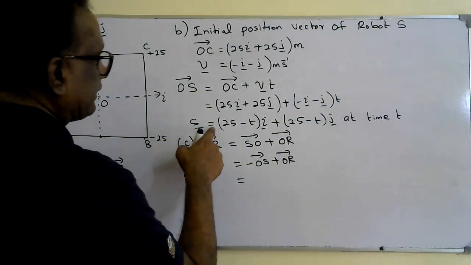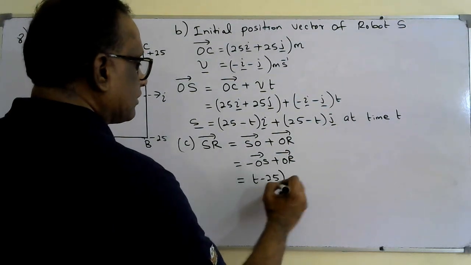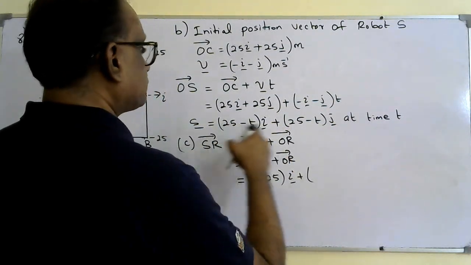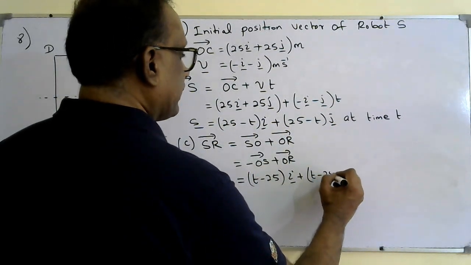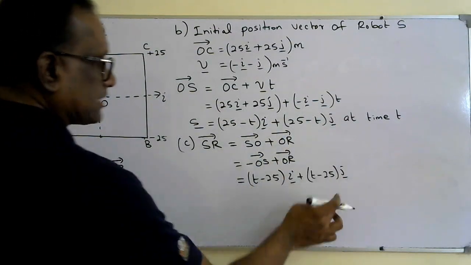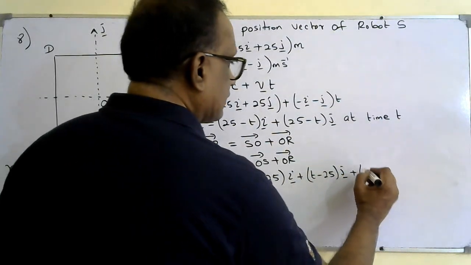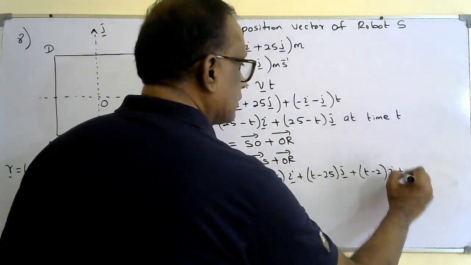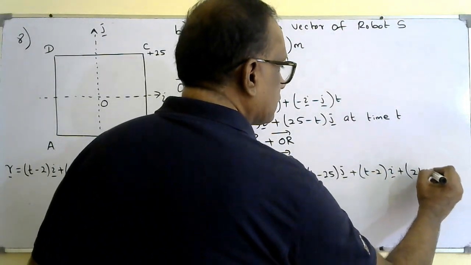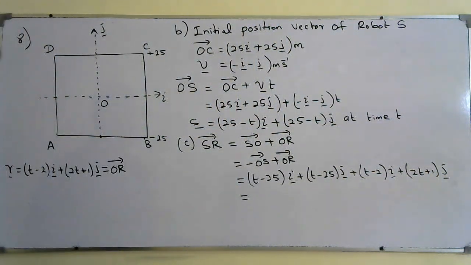We have to take the negative of it, that is (t minus 25)i plus (t minus 25)j, plus OR, that is (t minus 2)i plus (2t plus 1)j. Solve it, you will get the expression they asked for.